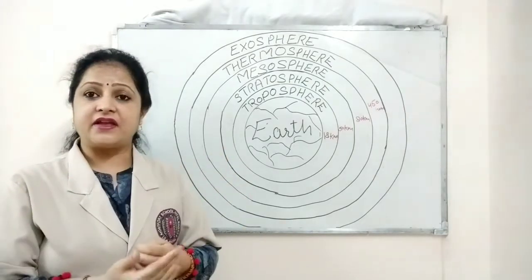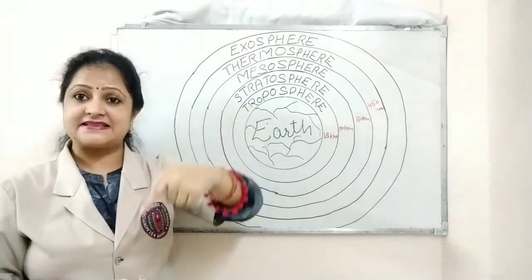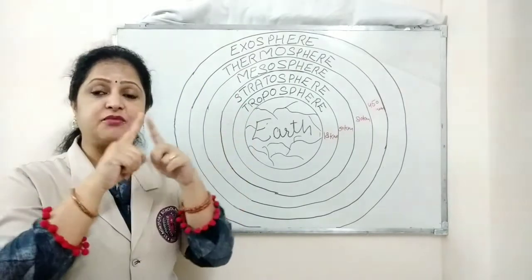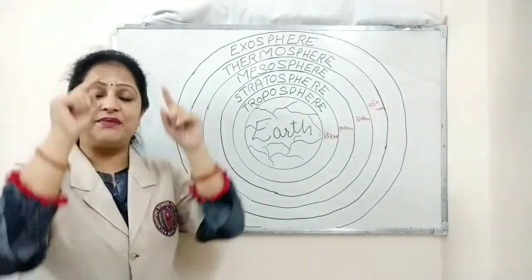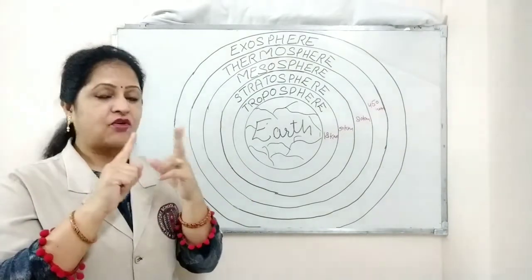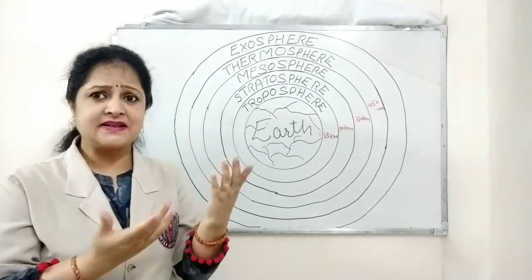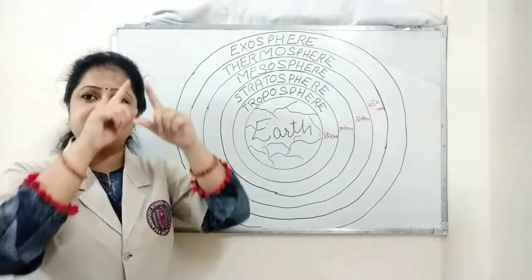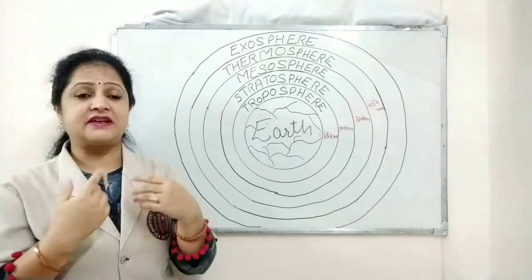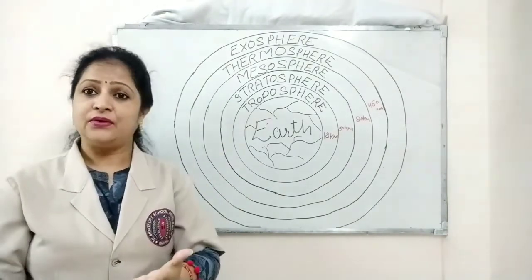Radio waves are reflected back to the earth from this layer, and communication satellites help in transmitting. All the communication satellites, the man-made satellites, are fixed in this layer only, and they help in transmitting signals back to earth.